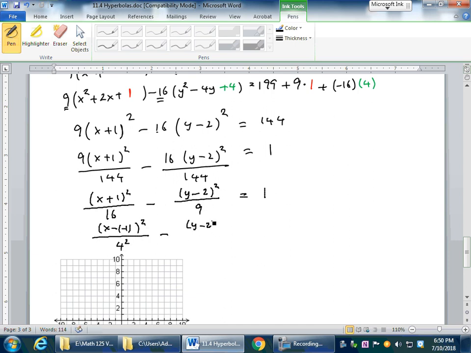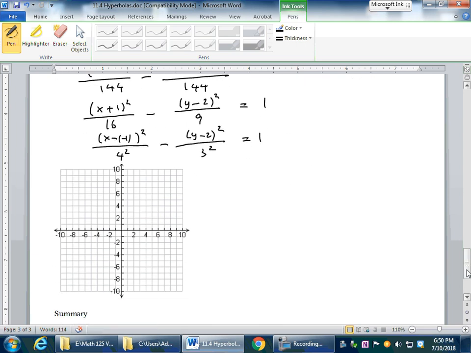Which tells us our center, right? Our center is basically going to become negative 1 and 2, and this is my A and this is my B, and because of x first, the orientation will be left and right.